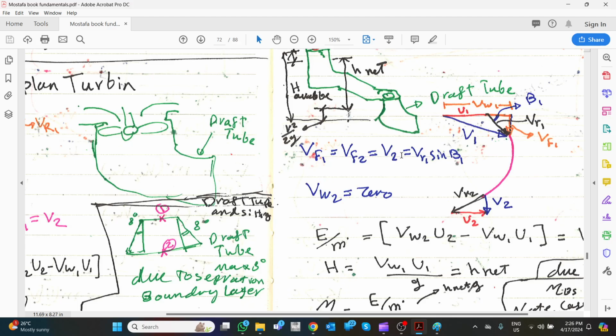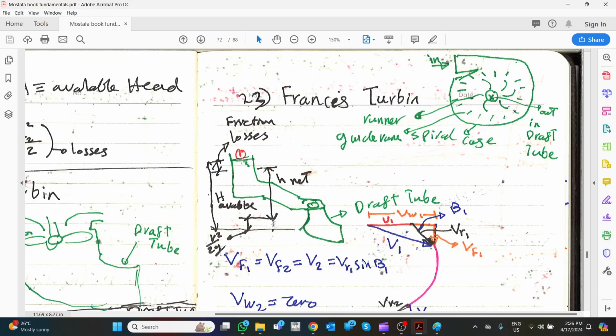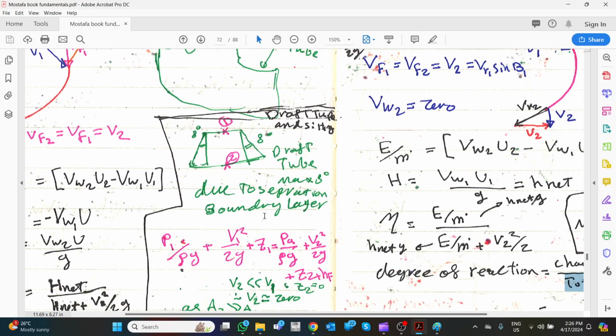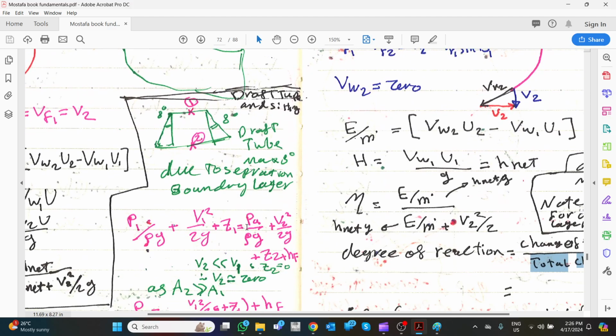You will ask me, how do you know it? Apply the control volume, the Reynolds transport theorem, please. So point number one, point number two: p1 over rho g plus v1 squared over 2g plus z1 equals the atmosphere term, p atmosphere, which is outside, over rho g, plus v2 squared over 2g.